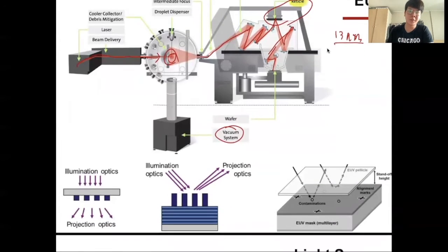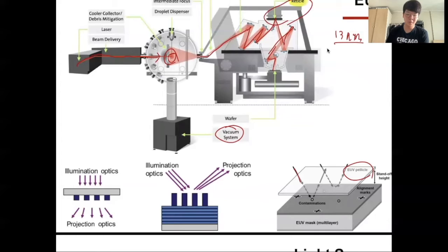And also there is another problem. The pellicle works as another medium for the light propagation. So there are two diffractions, of course, in the total projection. So it can affect the resolution of printing.